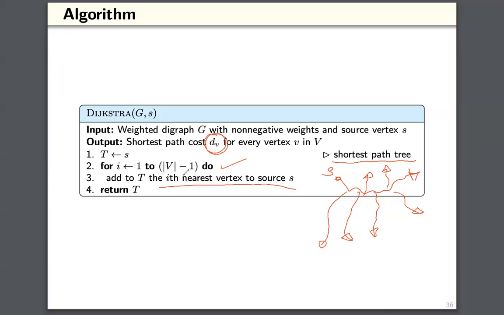And here we said nearest vertex to the source. That's it. That's the difference. There we always compute the nearest vertex to the tree. Here we consider the nearest vertex to the source point. Done. That's the difference.